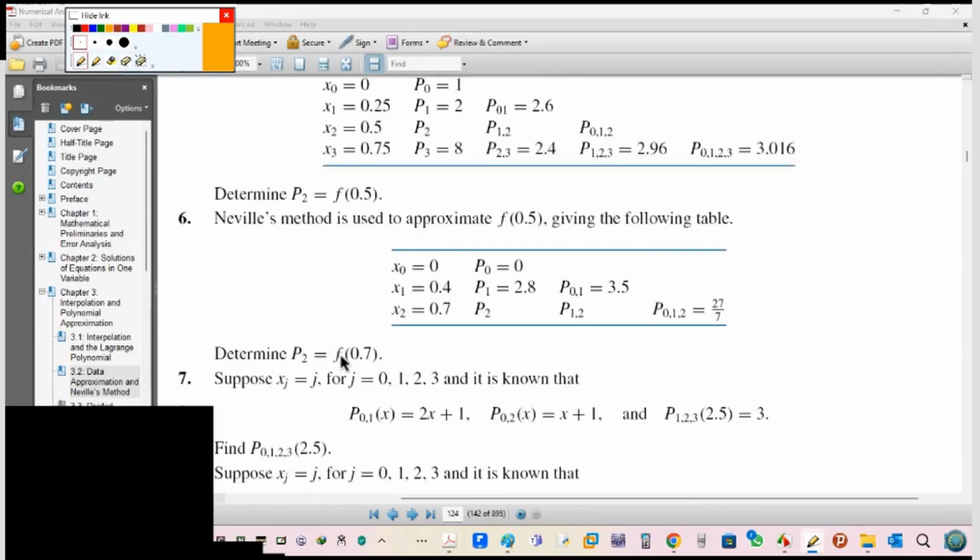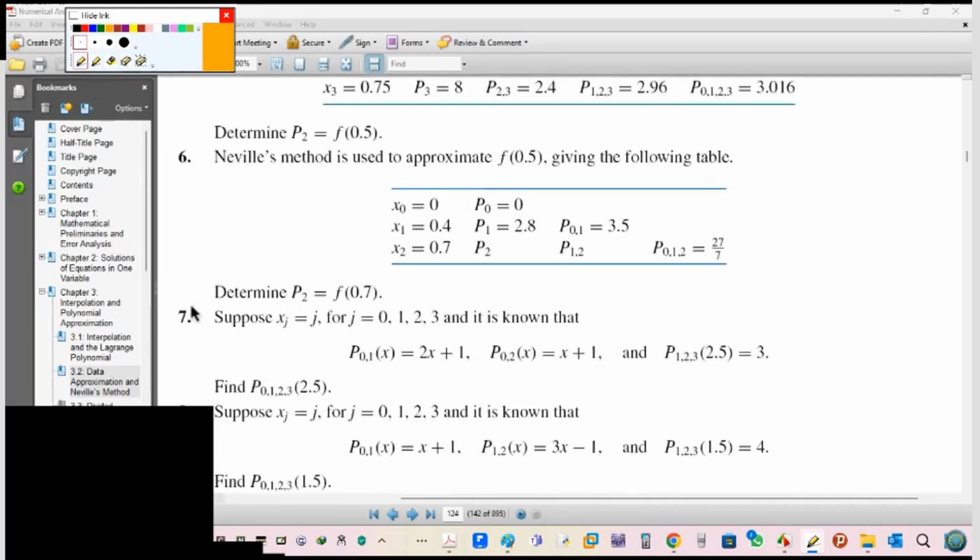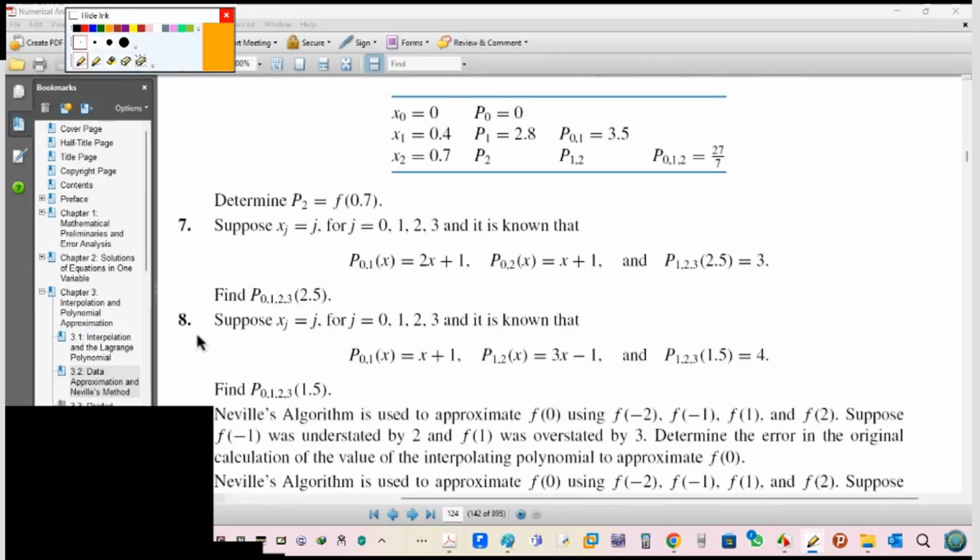So try to solve it the normal way. Here we have, for example, questions 7 and 8. What does the question say? Suppose xj equals j. That means x1 equals 1, x2 equals 2, x3 equals 3, and so on, for j = 0, 1, 2, 3, and it's known that we have b02, b01, and this is my value.